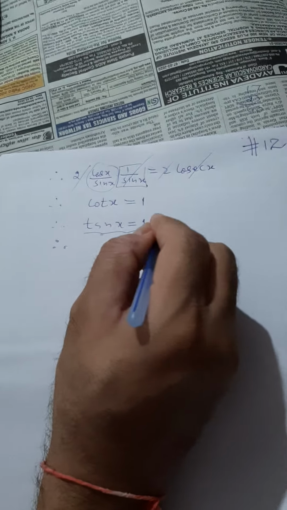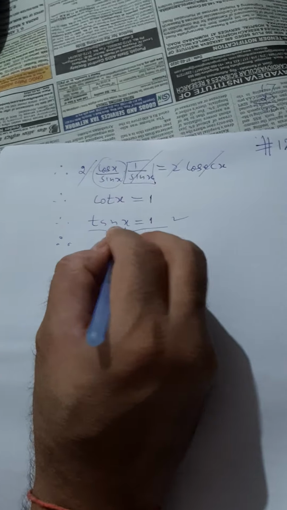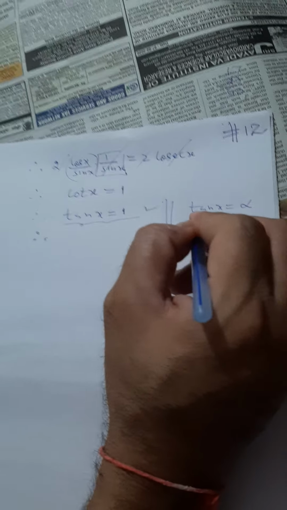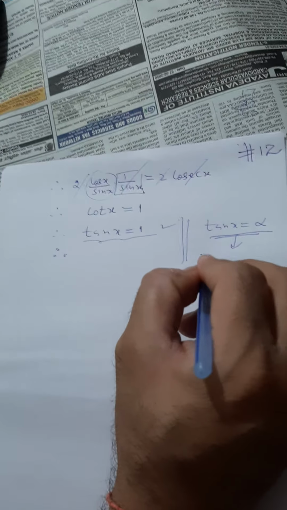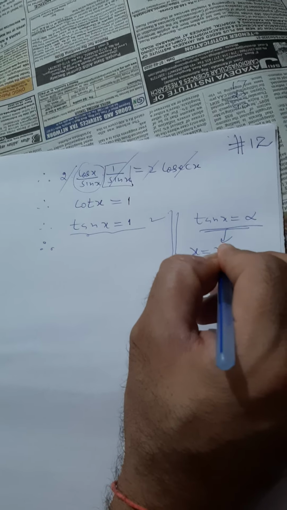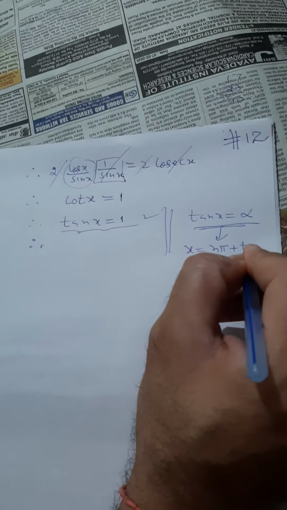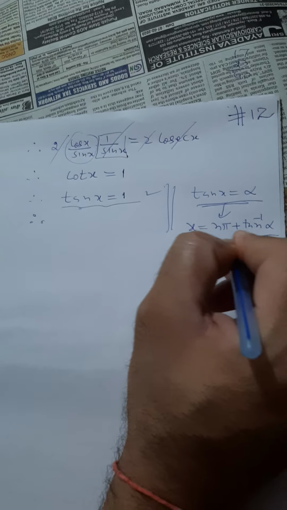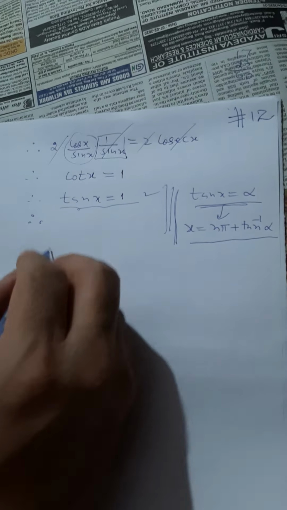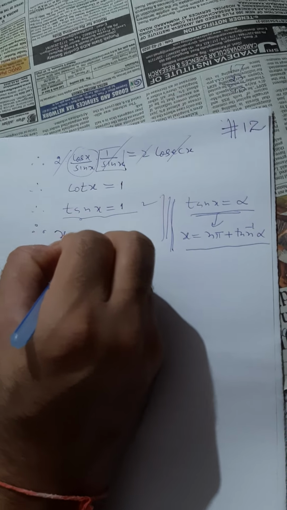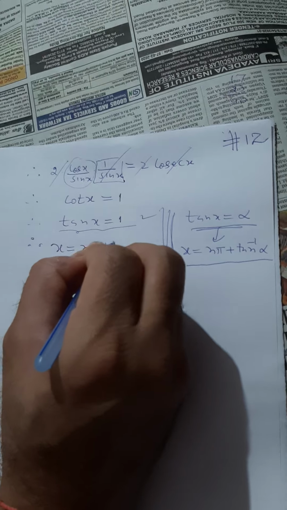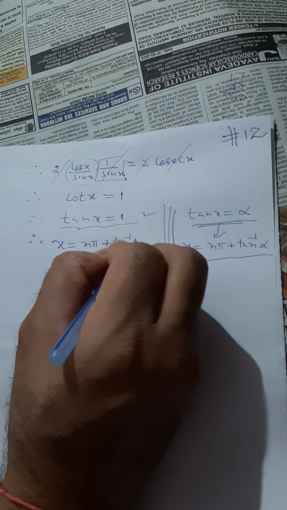And you know from 11th standard the solution set for tan x equals alpha. In general, this is x equals n pi plus tan inverse alpha. This is from 11th standard. So here x equals n pi plus tan inverse 1.